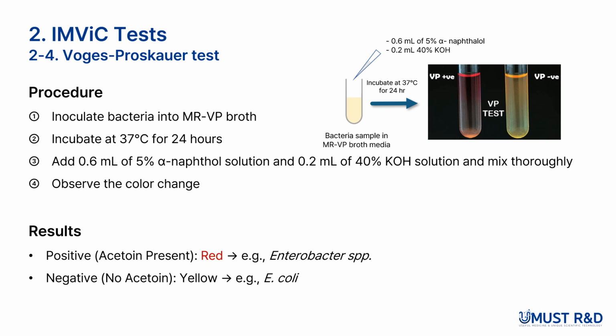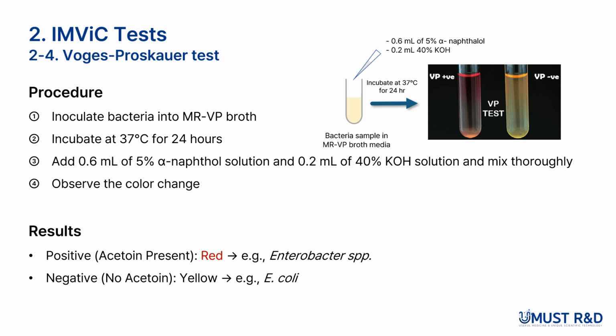We add 0.6 ml of 5% alpha-naphthol solution and 0.2 ml of 40% potassium hydroxide solution and mix thoroughly. The tube is left to stand for 15 to 30 minutes to allow the reaction to take place.